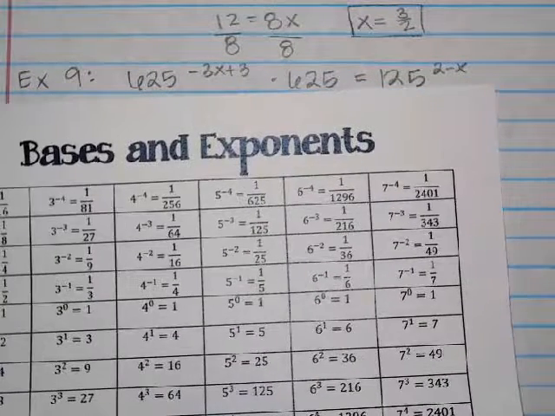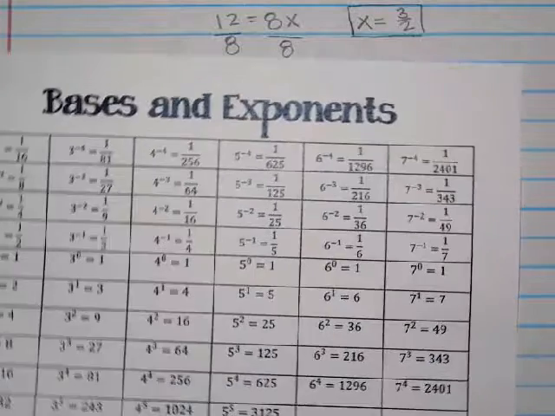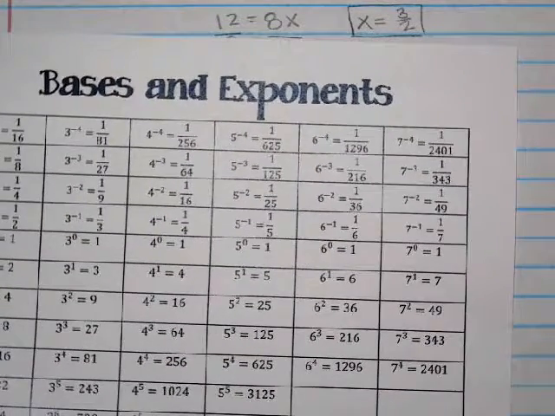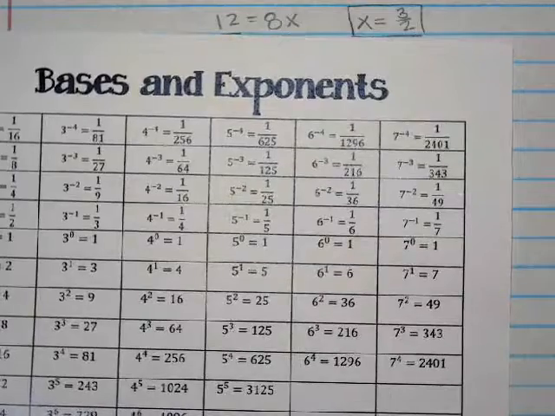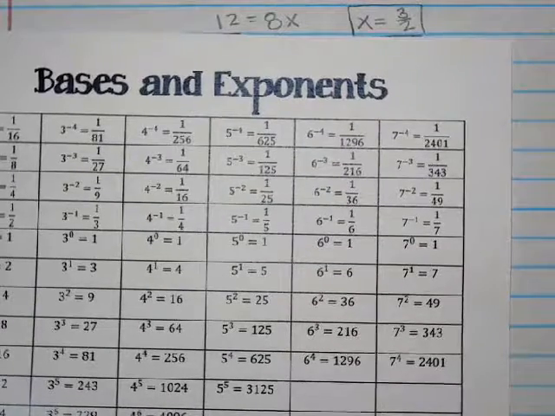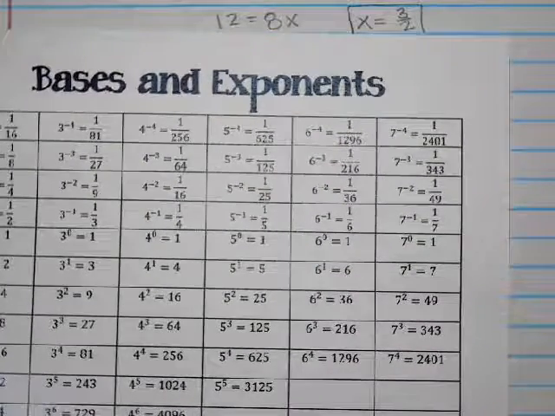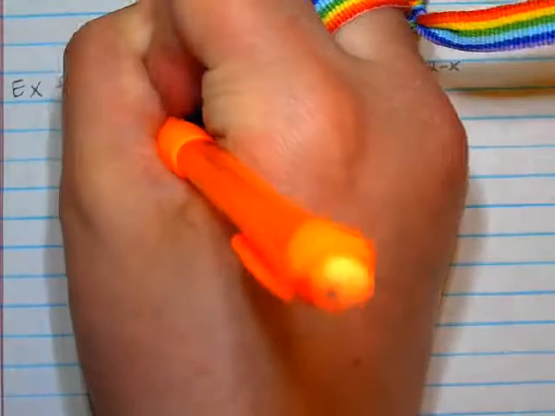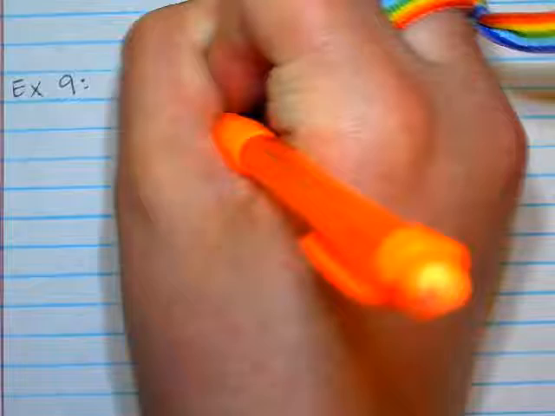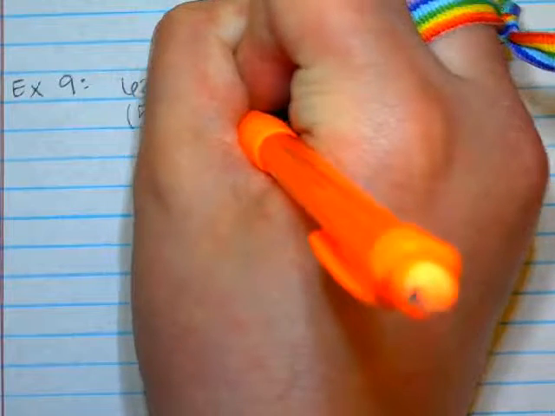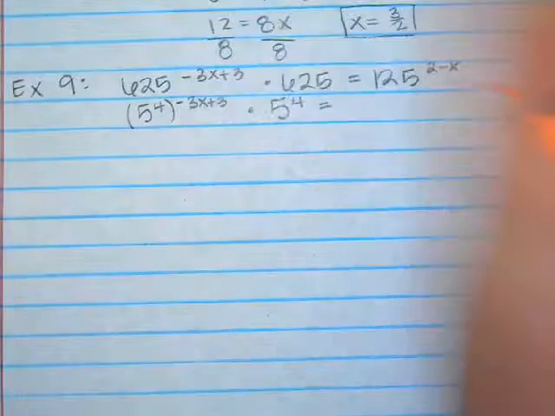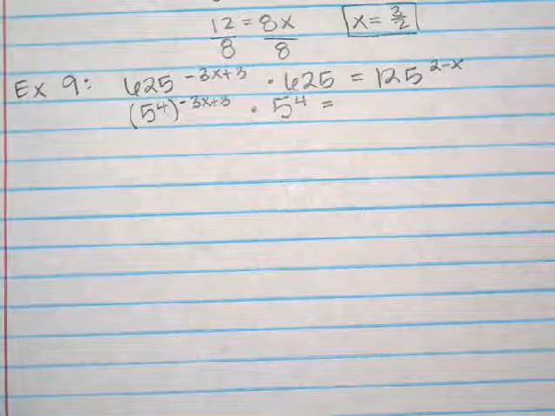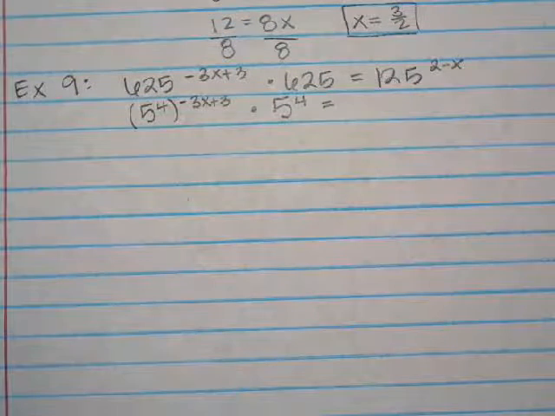What column are we in? We're in the 5s. Okay, so let's rewrite this. So the 625s are actually 5 to the 4. Okay. So I've got 5 to the 4 and 5 to the 4. Okay. And then what's the 125? 5 to the 3.